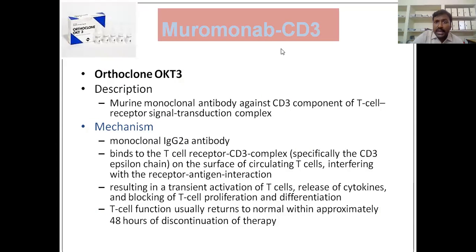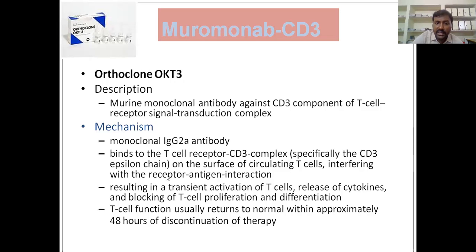Next, Muromonab CD3, this is a monoclonal antibody against the CD3 component of the T cell receptor signal transduction complex. So it inhibits the T cell receptor activation or the T cell transduction process. The mechanism: a monoclonal immunoglobulin G2 antibody binds to the T cell receptor CD3 on the surface of the circulating T cells, interfering with the receptor antigen interaction.